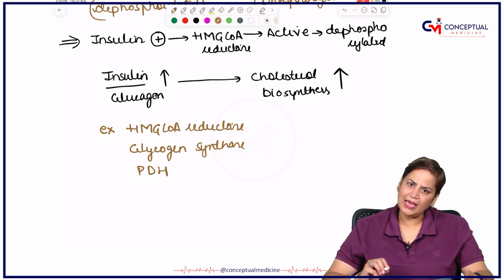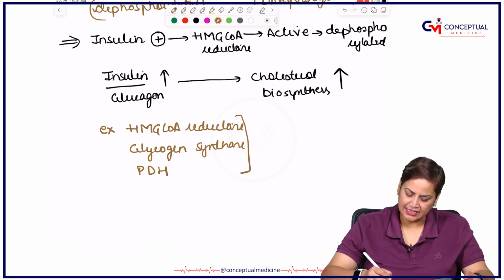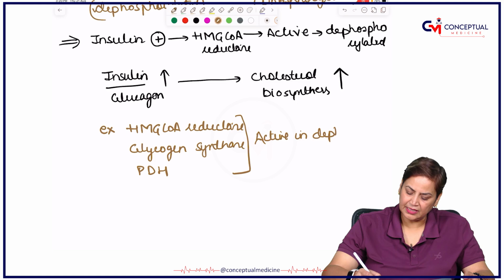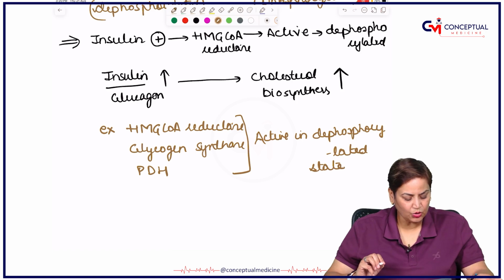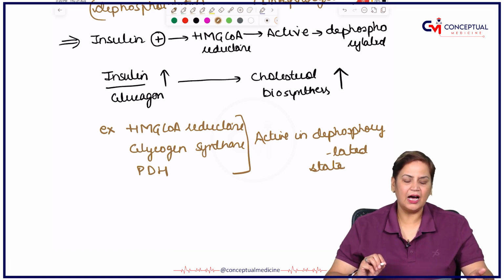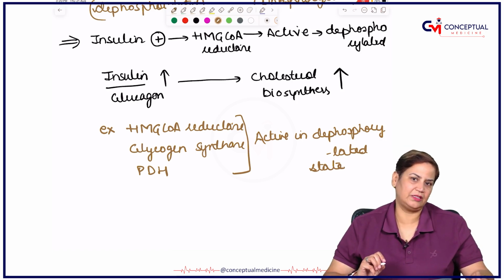So these are all the anabolic enzymes, and these enzymes are active in their dephosphorylated state. Very important. So insulin and thyroxine are going to promote cholesterol biosynthesis.